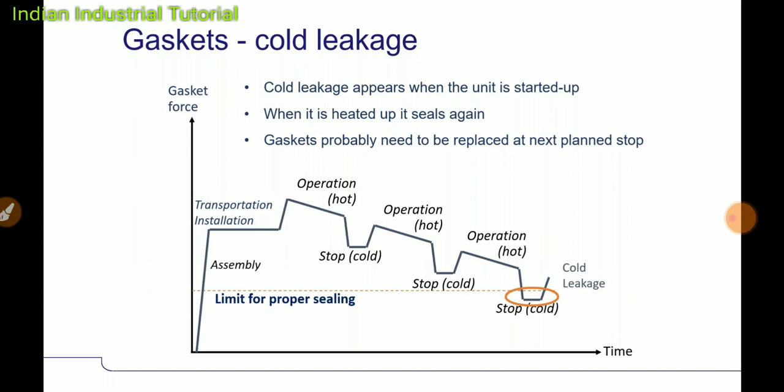But when you stop the heat exchanger, liquid starts falling on the floor. And when in cold condition you take a hydro-test, you will find the heat exchanger is leaking. But that same leaking heat exchanger, when you take it into operation, will not leak. This is the time you have to replace the gasket.